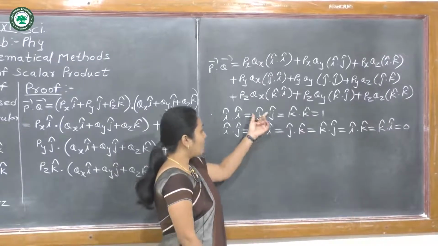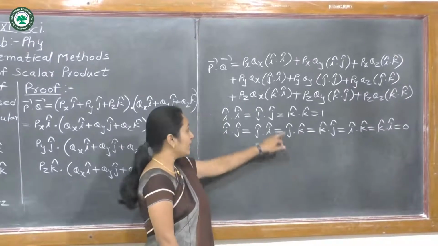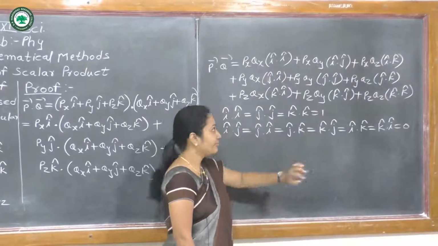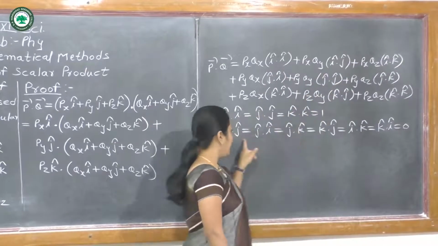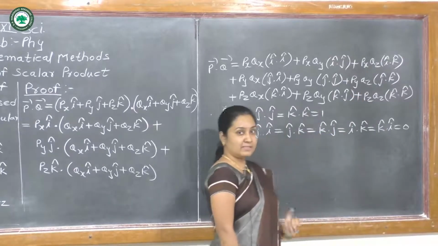So now, by considering these values, we will substitute here: i dot i is 1, i dot j is 0, i dot k is 0.